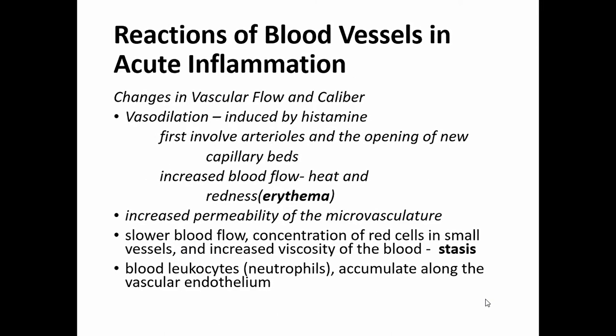So for the reactions of the blood vessels in acute inflammation, this includes changes in the vascular flow and caliber. The changes in the vascular flow begin early after the injury and consist of vasodilation.